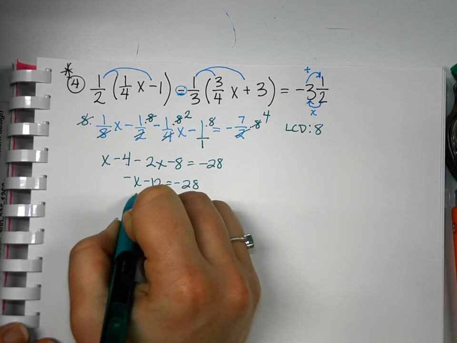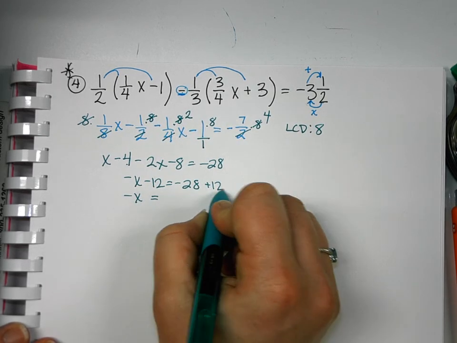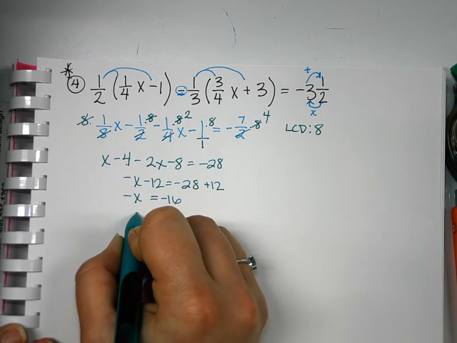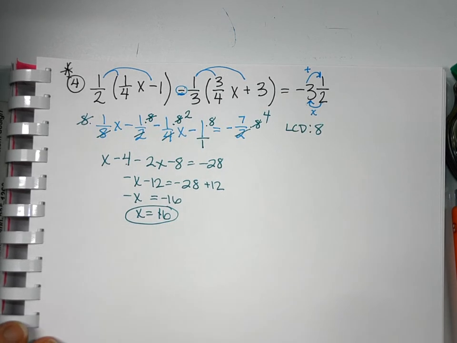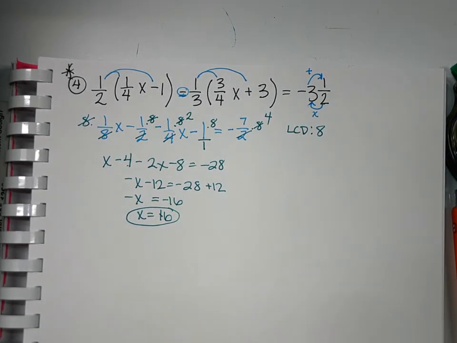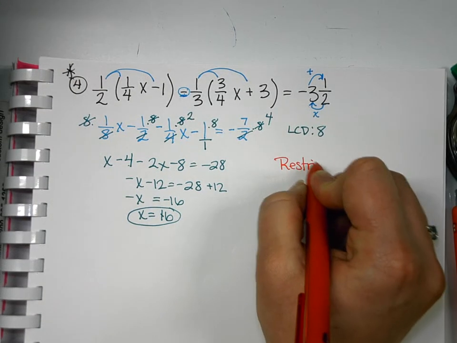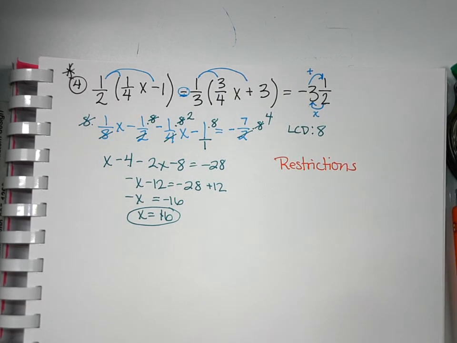Let's see, add 12 to both sides, and that'll give us negative 16. And then divide by negative 1, so we get 16. Now again, we want to think restrictions. Do we have any variables in the denominator? So in other words, is there an x in the bottom of any of these fractions? No, there's not.